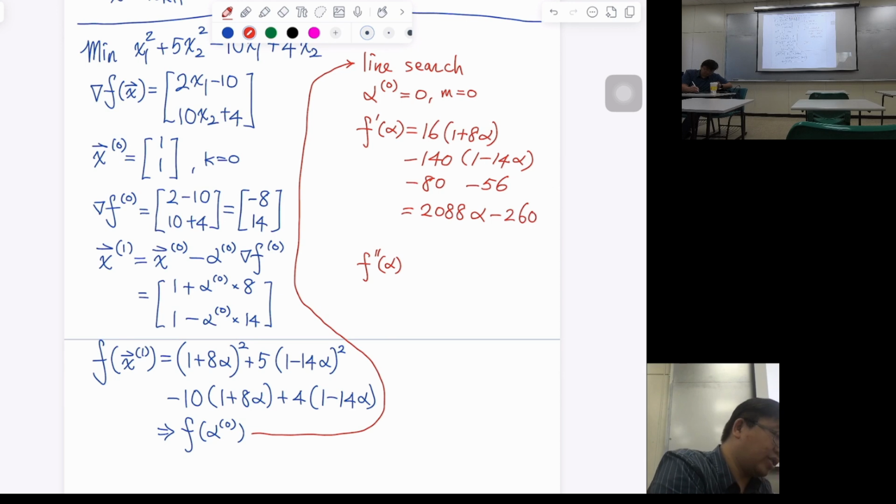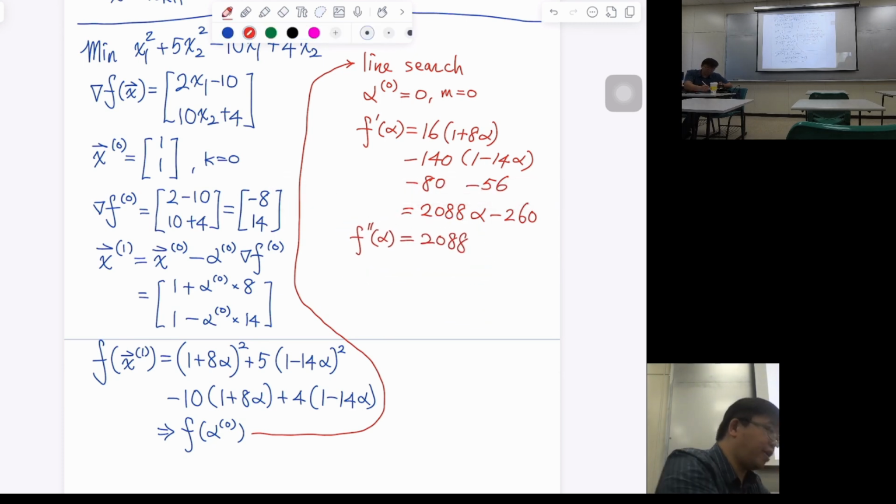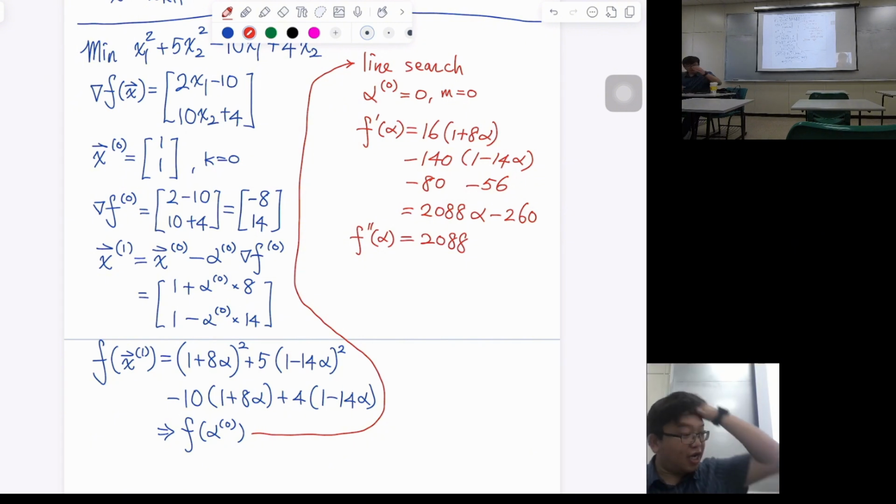So this is this. Okay, so the f double prime would be 2088. Okay, good.